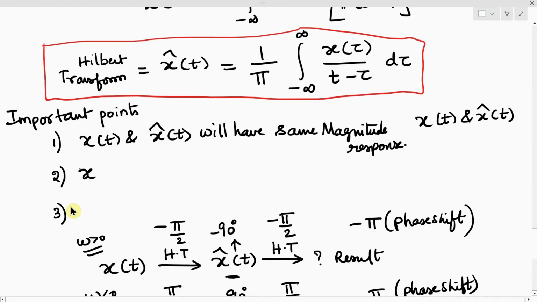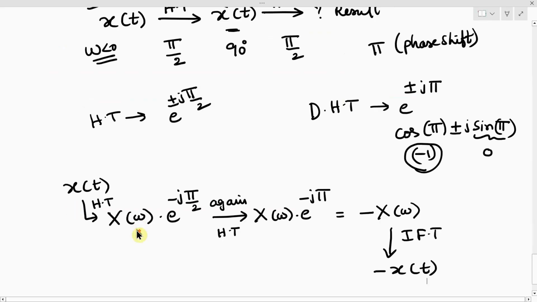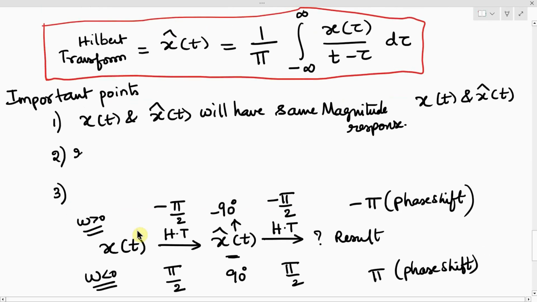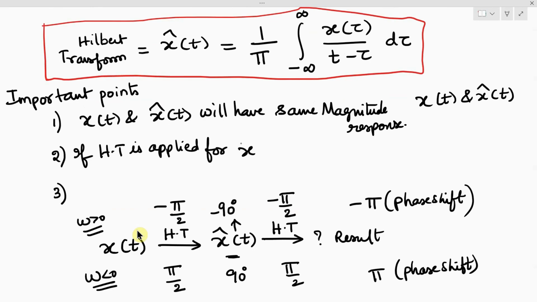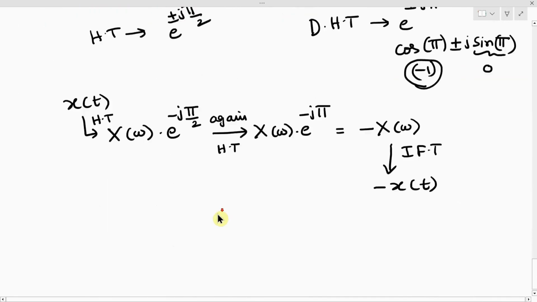If Hilbert transform is applied for x cap of t, what is the result? The result is minus x of t. Accepted? Yes, sir. Right.